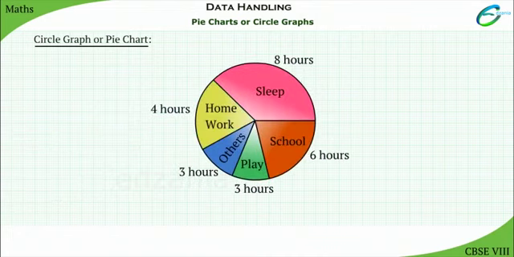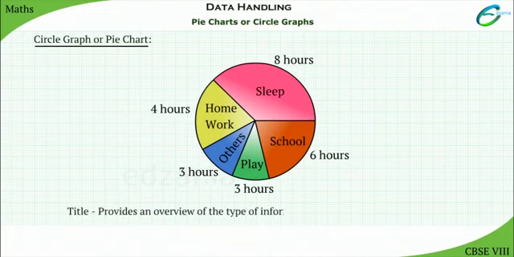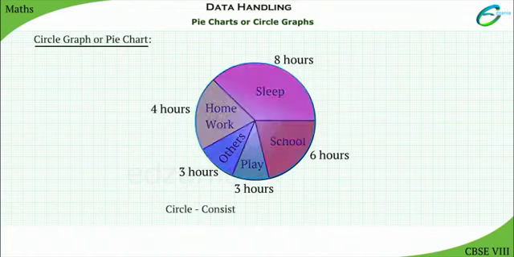A pie chart includes a title and a circle with sectors. Let's look closely at each of these parts of a pie chart. The title of the graph provides an overview of the type of information represented in the pie chart. The circle is divided into sectors of varied sizes.